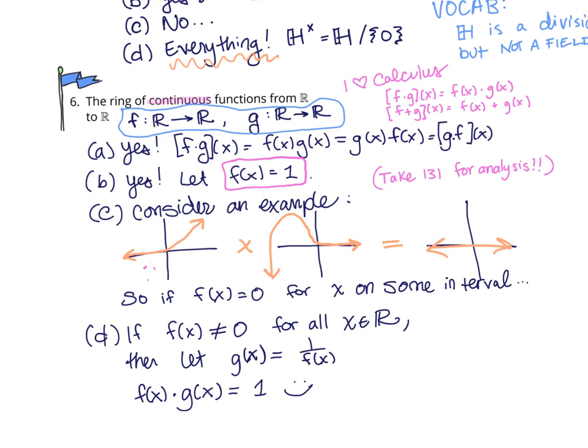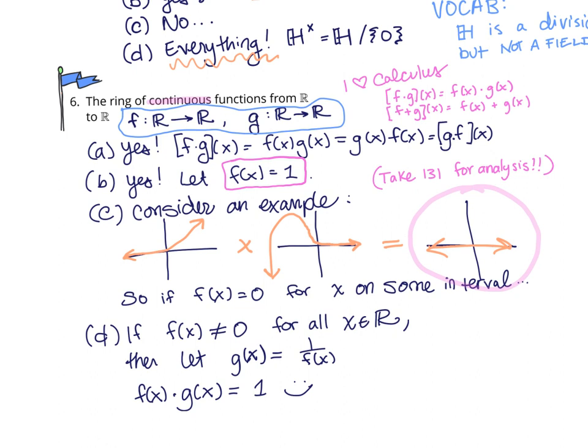Neither of these two functions is the 0 function, neither of them is the additive identity. However, when we go through and multiply the outputs at each point, we get the 0 function. So that's an example of 0 divisors.